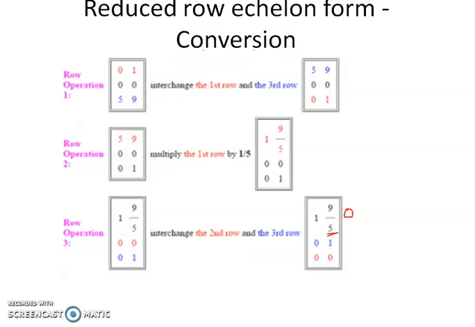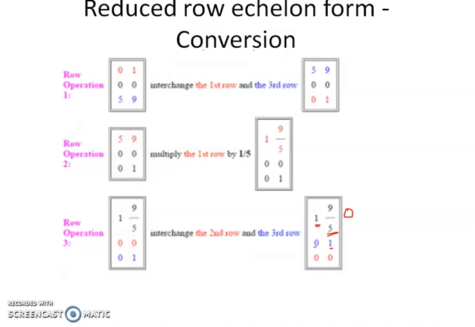You can take the difference, like R1 equals R1 minus 9/5 of R2. Some operation like that you can perform so that this value becomes 0. While performing such an operation, make sure that the other entries, this 1 also, do not get changed.